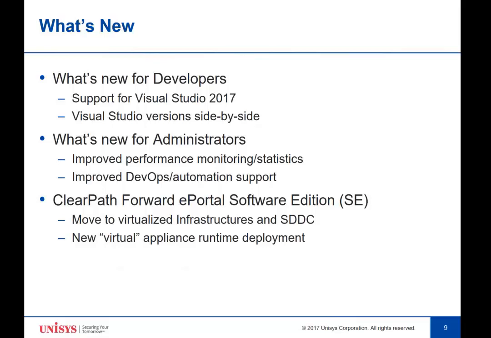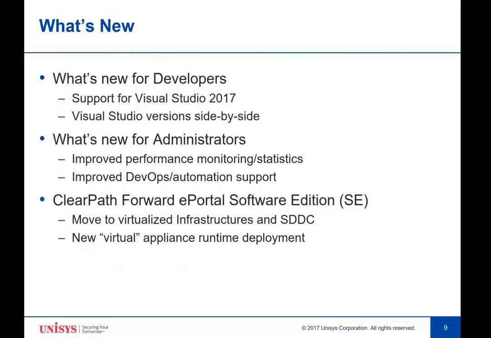First of all, I'll start off talking about what we have for developers. We've got some new things. We now have support for Visual Studio 2017, Microsoft's latest version, as well as being able to run side by side. That's something we haven't had in the past, and that's a nice benefit when you're transitioning from earlier versions of Visual Studio.